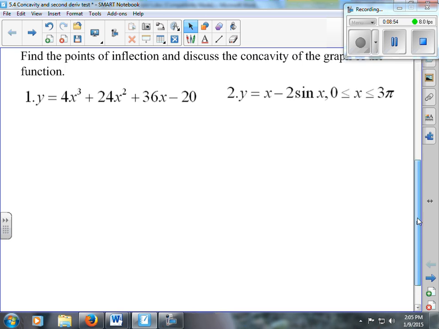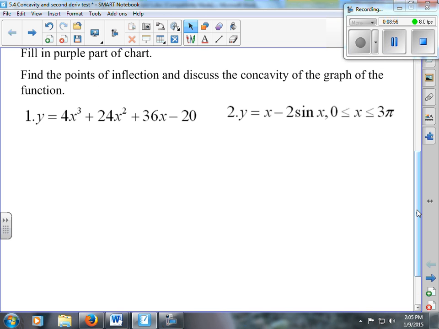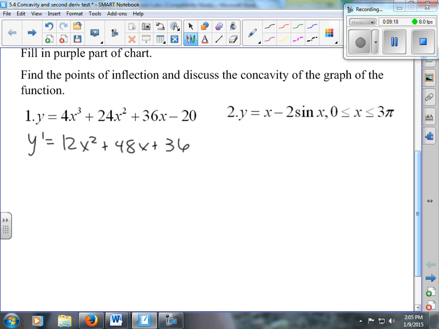In these two examples, we're going to find the points of inflection and discuss the concavity. By discussing the concavity, I really just explain where a function is concave up and concave down. All right, so direction number one says to find the second derivative. Before I find the second derivative, I have to find the first derivative. Now I take the derivative of the first derivative to get the second derivative.